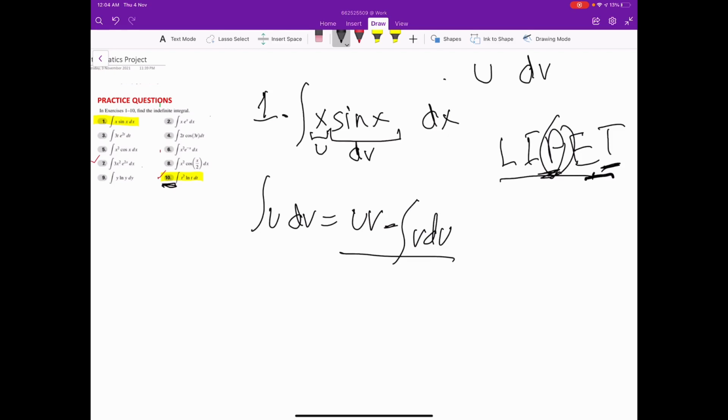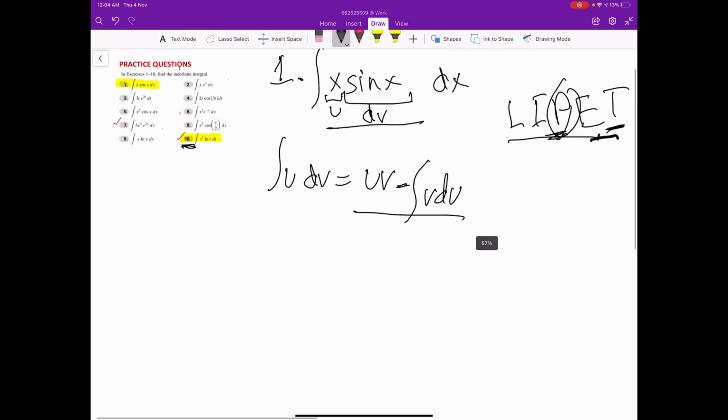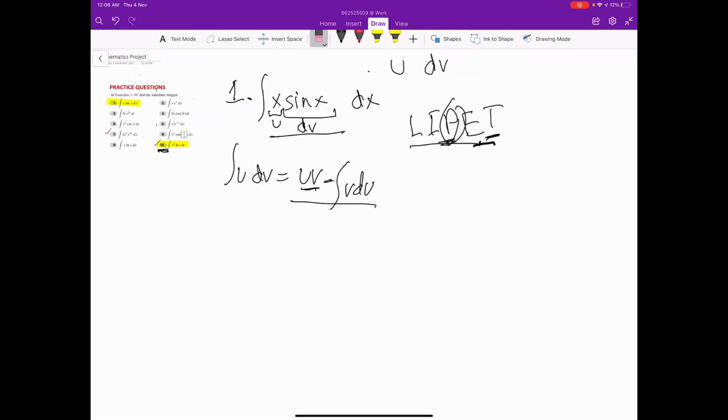This formula helps us solve this. Okay, now we have the formula. Now we must identify what is u. We already identified it. It is obviously x. And what is dv, which is obviously sine x dx.